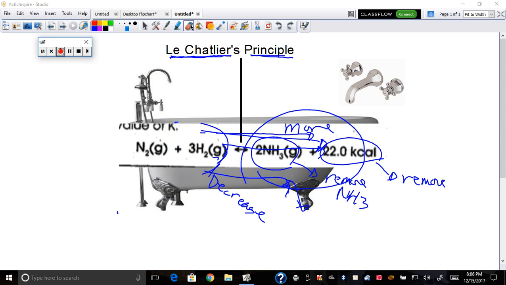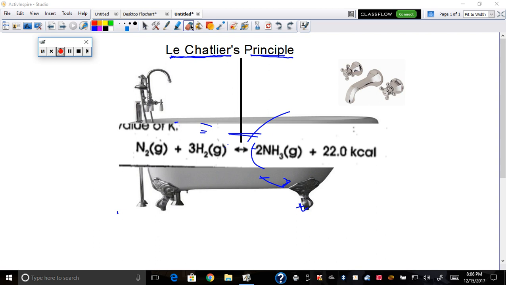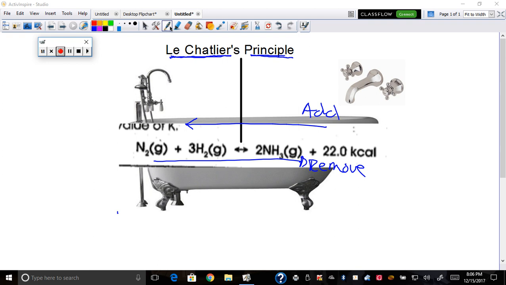Okay, so that's how you think of Le Chatelier's principle. You either go right or you go left. That's it. If I add over here, it all goes that way. If I remove over here, it all goes this way.